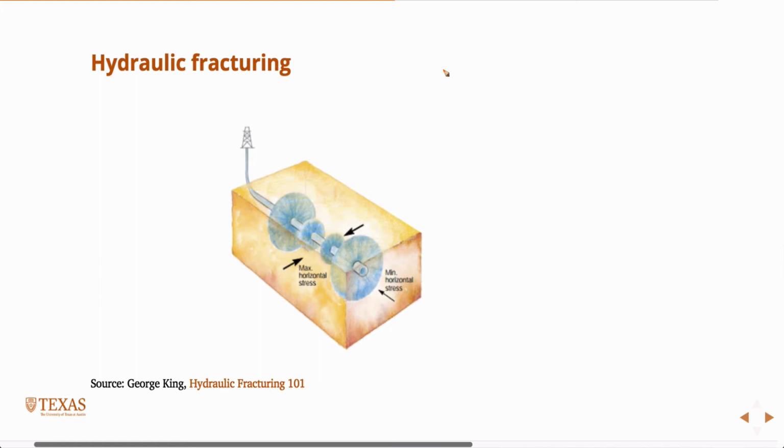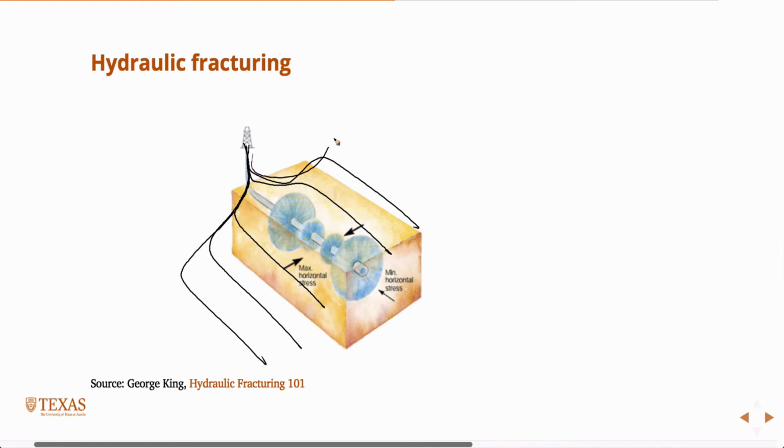Right? The historical picture is one like this, but now we're moving far more to pad drilling. So wherever you would see one wellhead at the surface, there would be an array of horizontal wells like this in each direction.